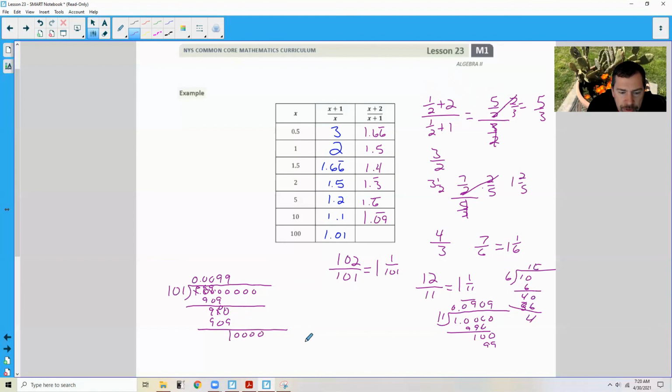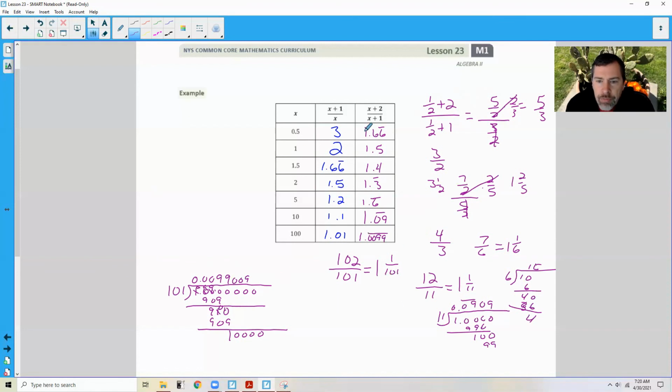And look what happens. We are back to 101 will not go into 1. It won't go into 10, but it will go into that. So it's going to be 0.0099 or 0099. So it's repeating. So it's 1.0099, where this all repeats.